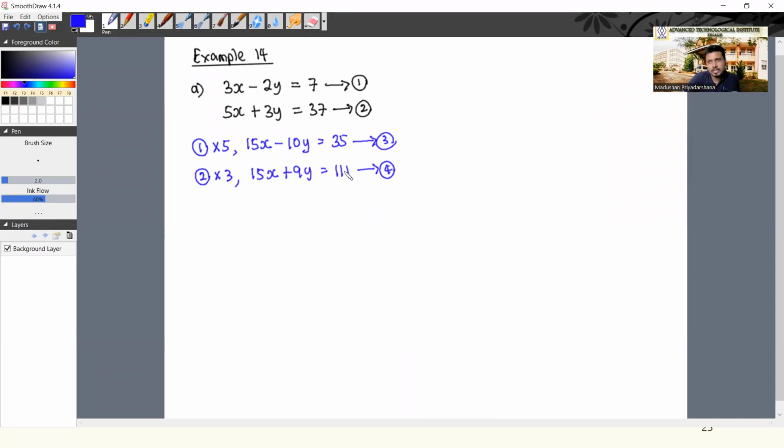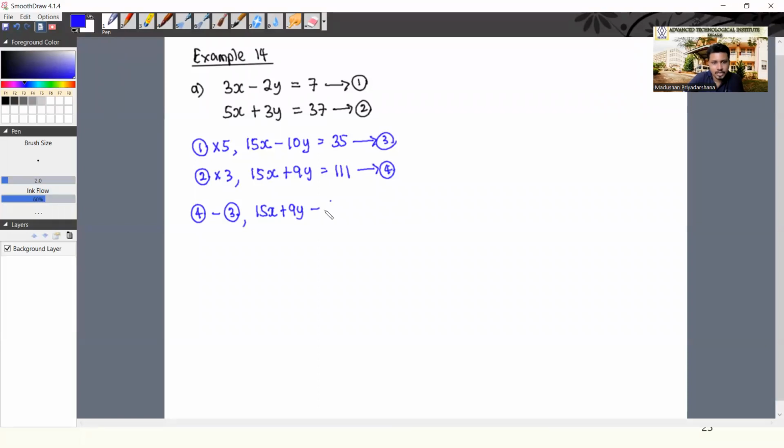Is it easier to deduct 111 from 35, or 35 from 111? Dealing with positive values is easier than dealing with negative values. So therefore, let's deduct the third equation from the fourth one. So 4 minus 3. Fourth equation is 15x plus 9y.